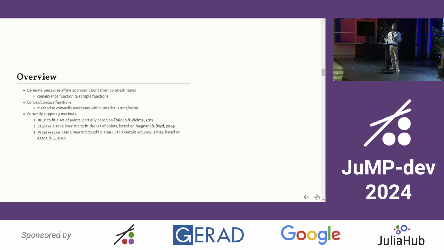And we have implemented so far 3 main methods, I would say. The first method that we implemented was to generate a mixed integer linear program to find the best approximation. And this is based on the model by Toriello and Vielma.